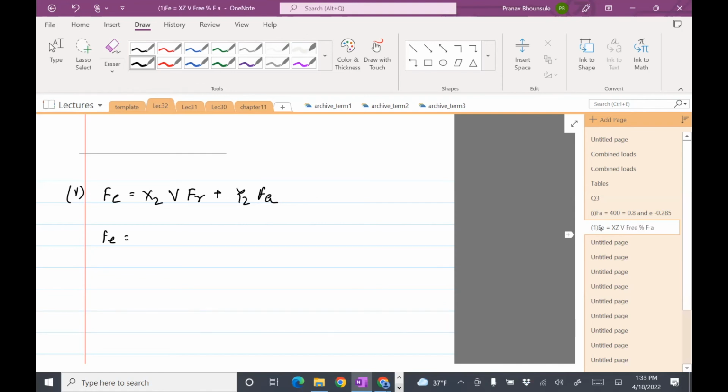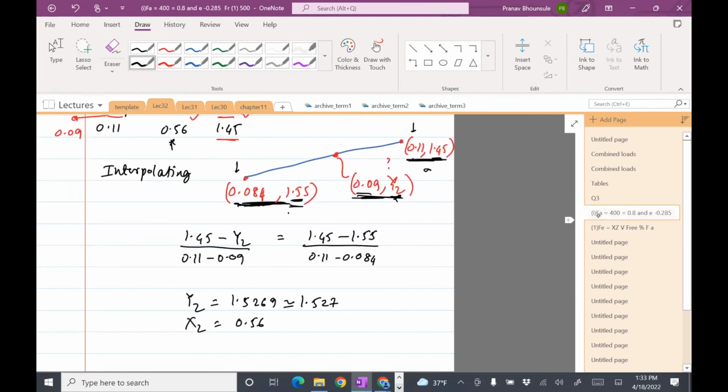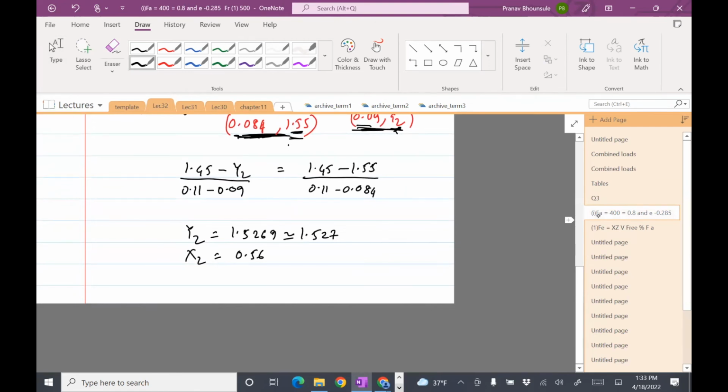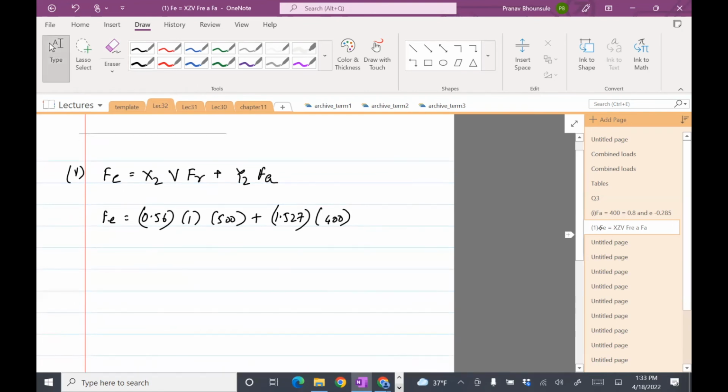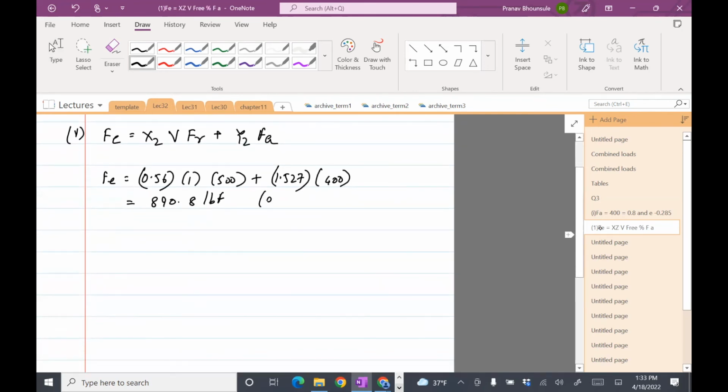So fe is, I'm going to sub in the values now. I have 0.56 and 1.527. 0.56, V is 1, FR was 500, plus y2 is 1.527, just computed that. FA is 400. So solving this gives me 890.8 lbf. This is our equivalent load.